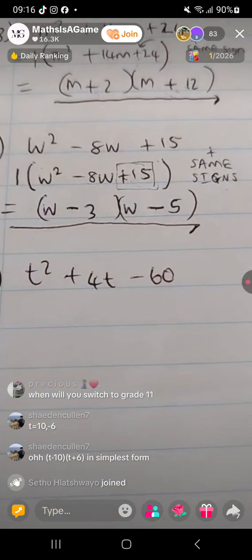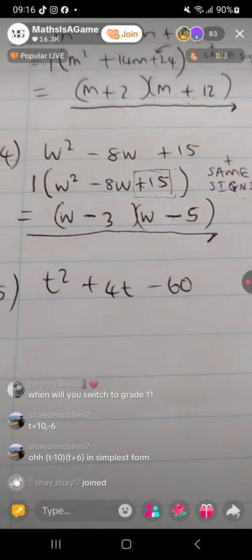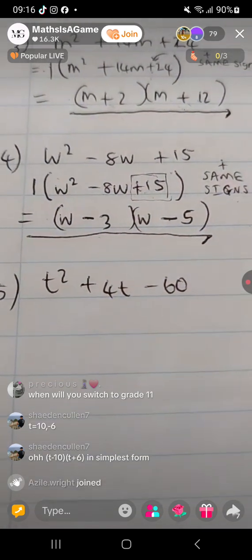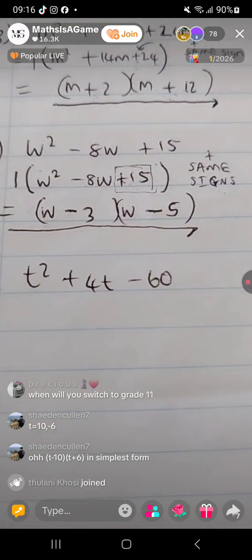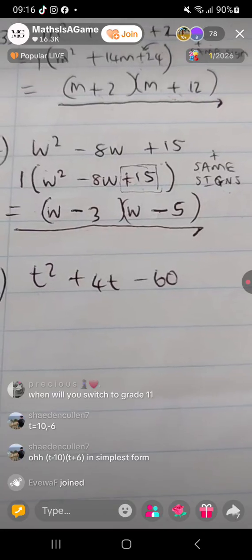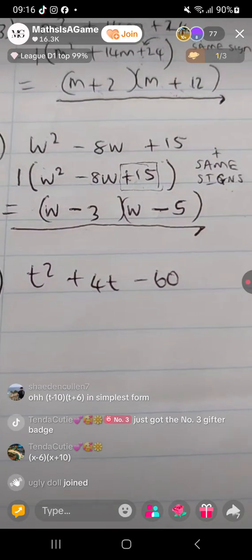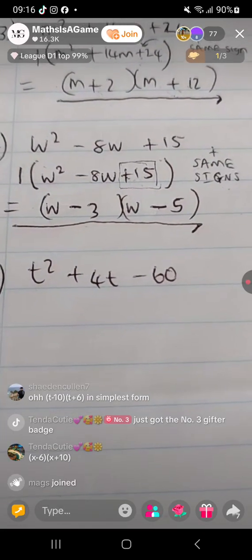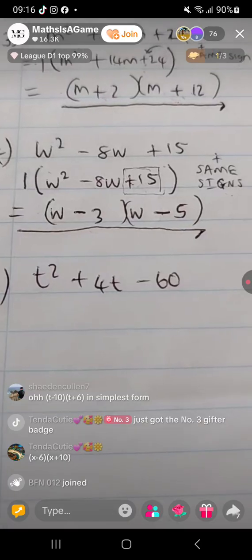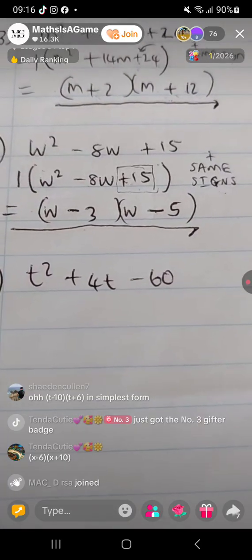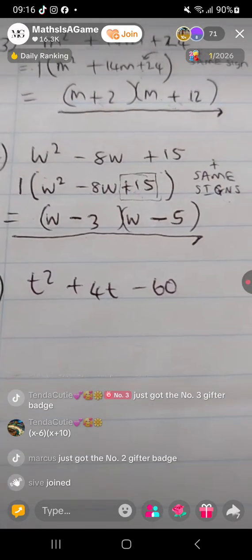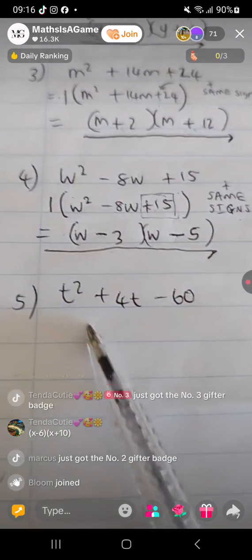Yes, Shaden Cullen. Factorize, specifically factorize the expression. Okay, that's what we are doing. And that answer there, t minus 10 plus 6, we are going to review and see if it actually is a correct one. So guys, it's t.